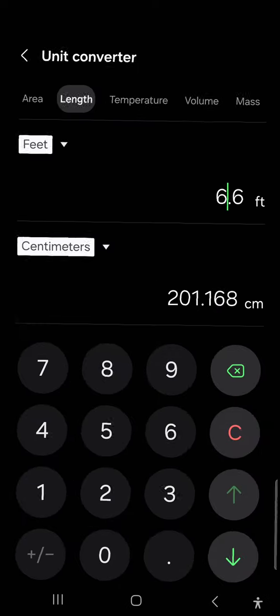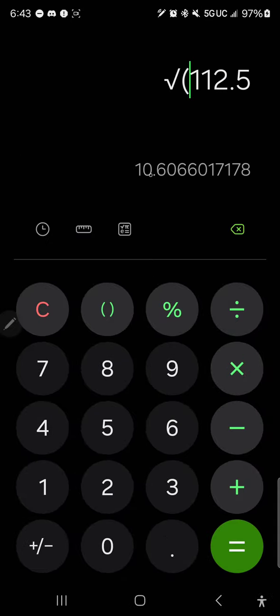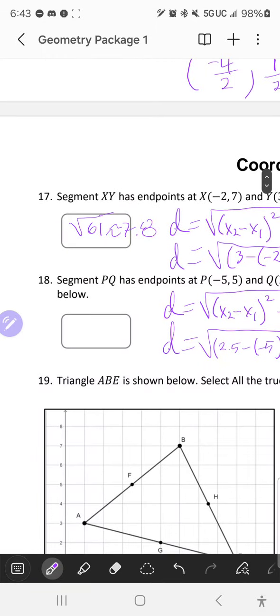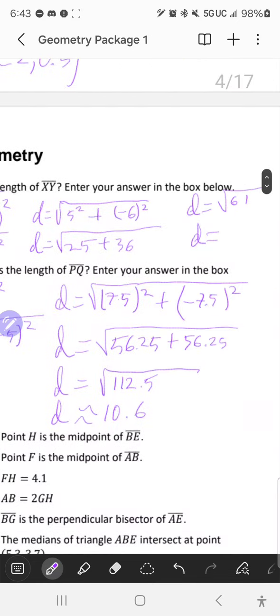Let me see. Yes, 10.6, as you can see here. So our result is approximately 10.6. So I can either put the square root of 112.5 or approximately 10.6.